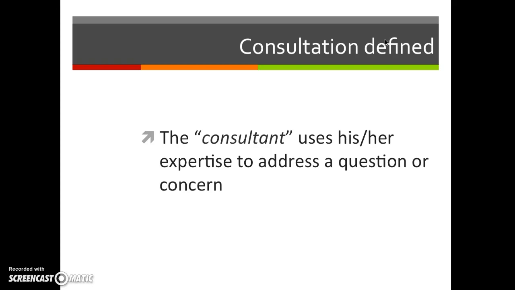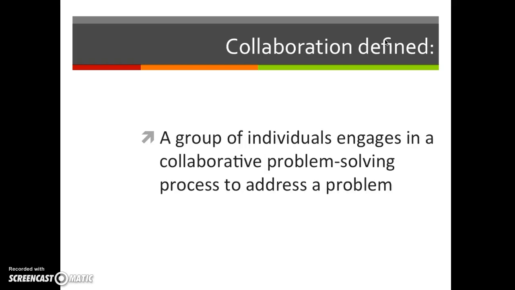In the case of consultation, it's typically an individual consultant who's providing their expertise to help other folks with a particular question, versus collaboration, where the entire group of individuals, bringing a multitude of expertise, works together to integrate a solution and to address a problem in a more holistic way, probably because there are several things you're looking at, or it's a more overreaching kind of issue.